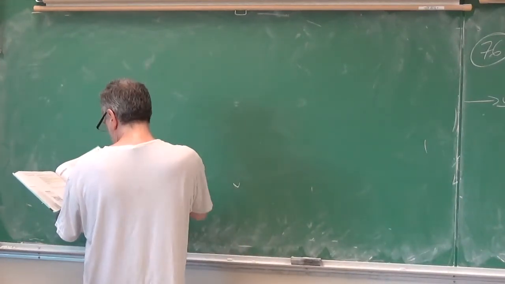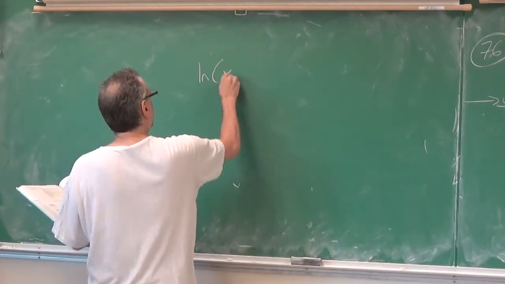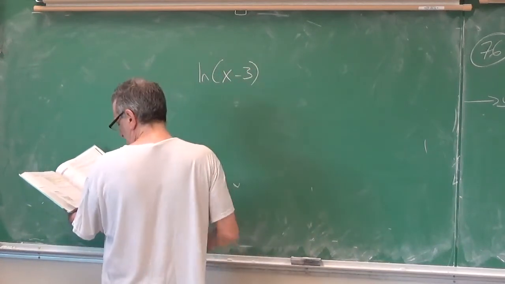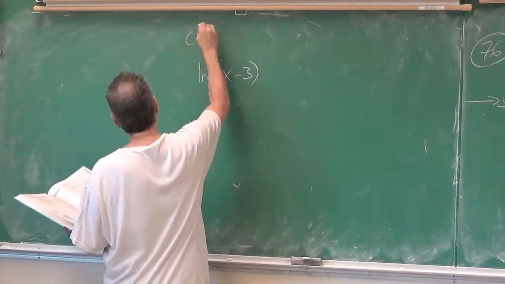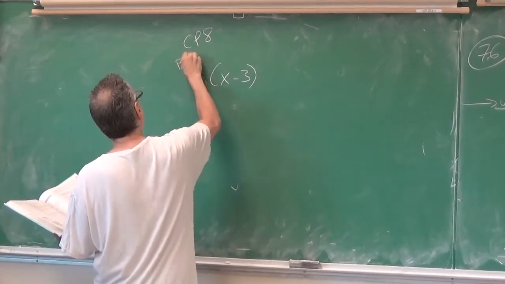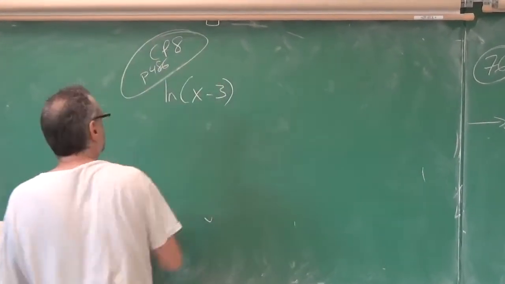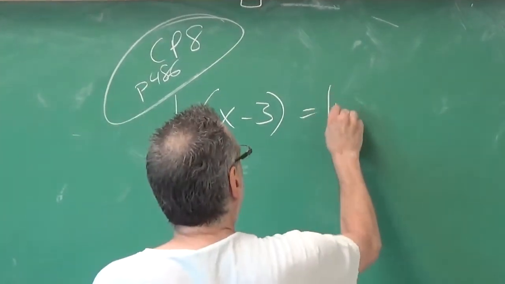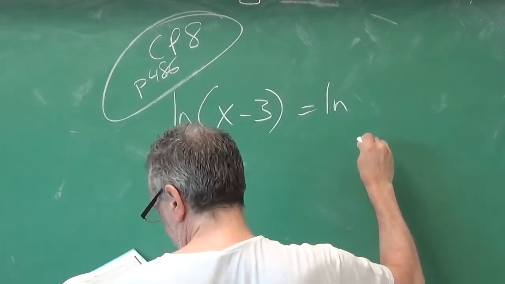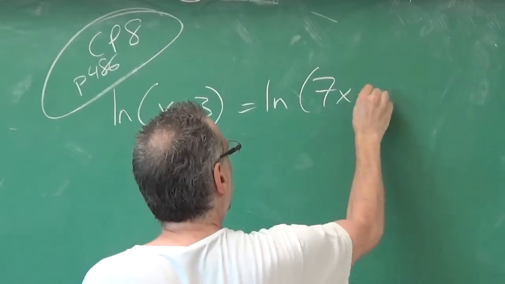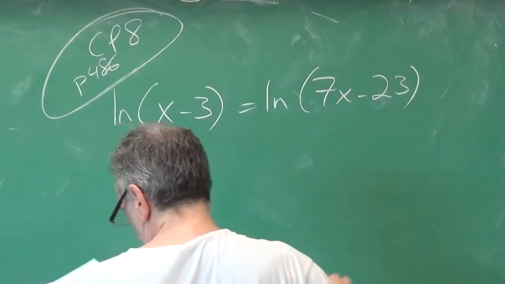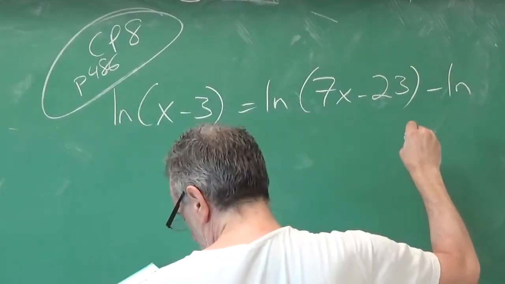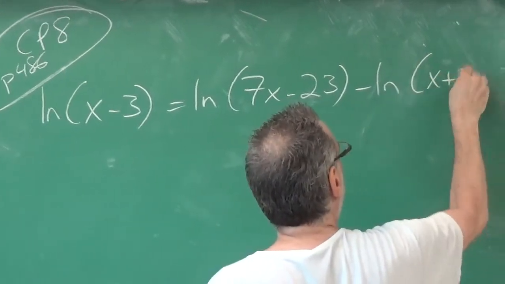this one? Let's say we have natural log of x minus 3. This is checkpoint 8 on page 486. We have natural log of x minus 3 equals natural log of 7x minus 23 minus natural log of x plus 1.